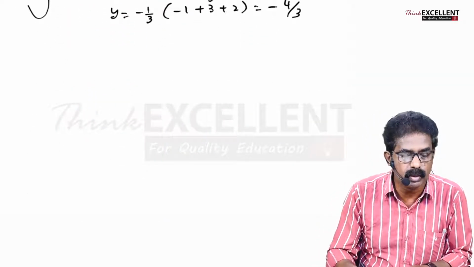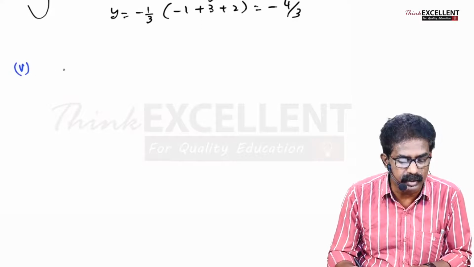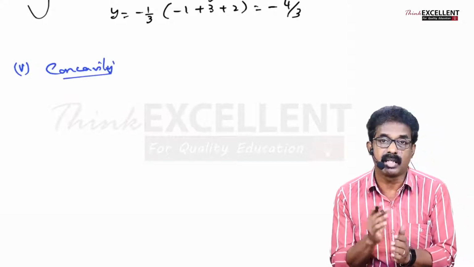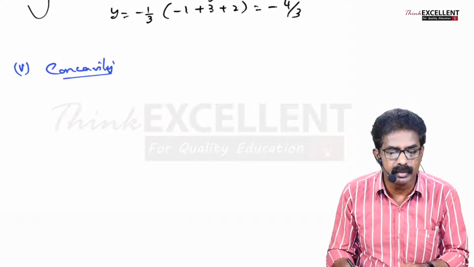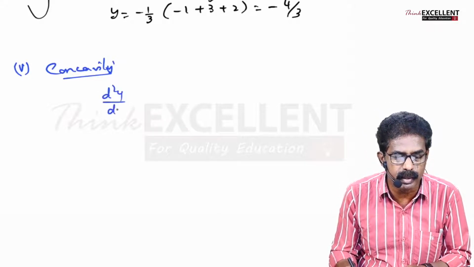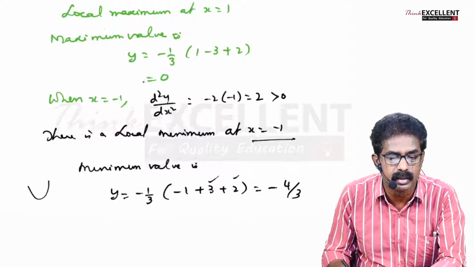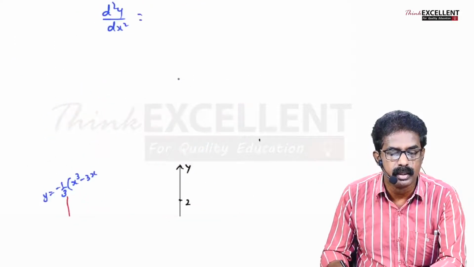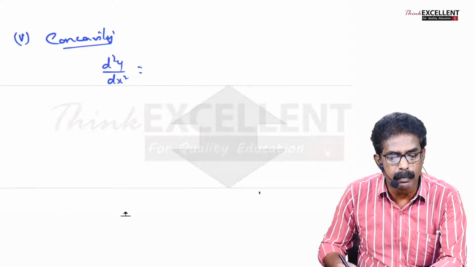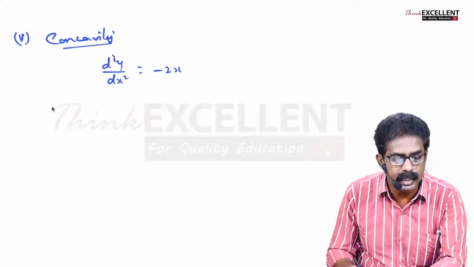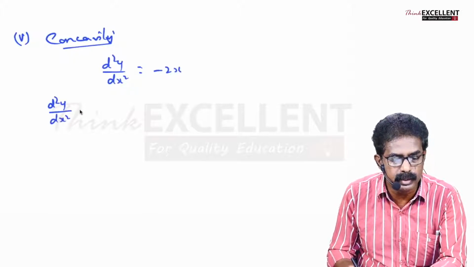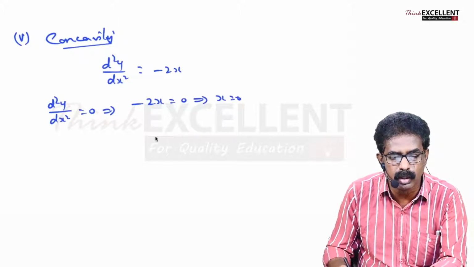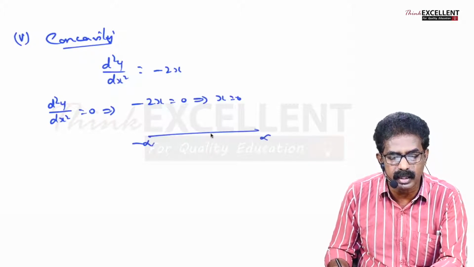Now the fifth one, you have to look into concavity. To check concavity, concave upward or concave downward, you put the second derivative equal to 0, right? So d square y by dx square, already got it, is minus 2x. You put it equal to 0: minus 2x equal to 0, so you are getting x equal to 0. So minus infinity to plus infinity, x equal to 0 here.